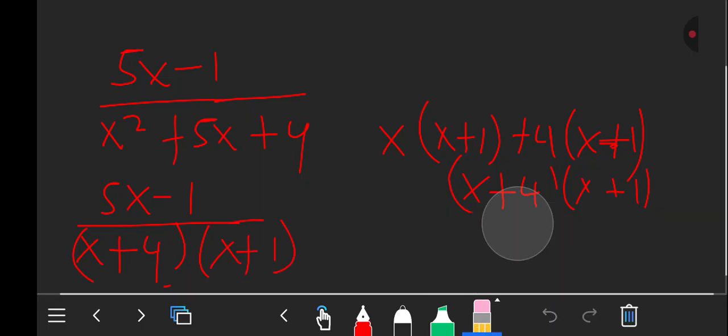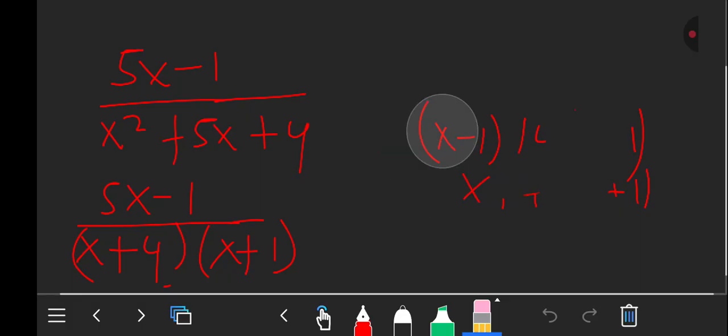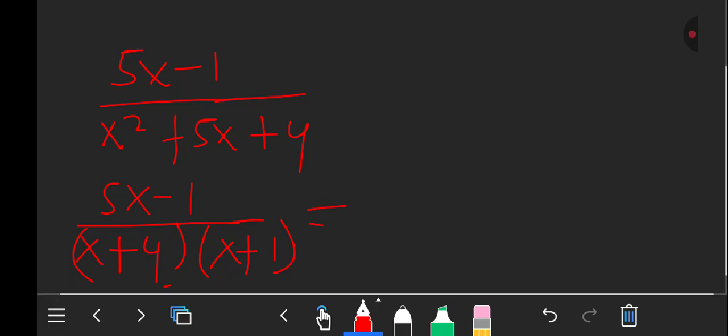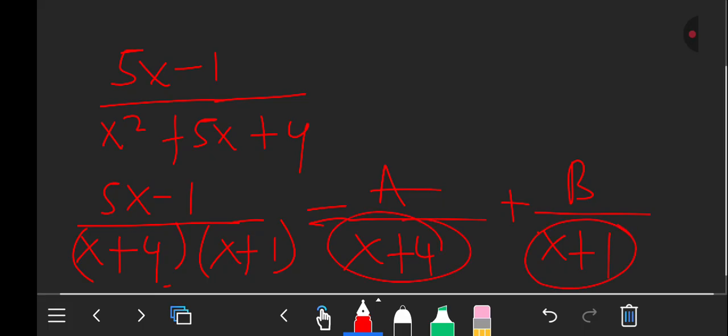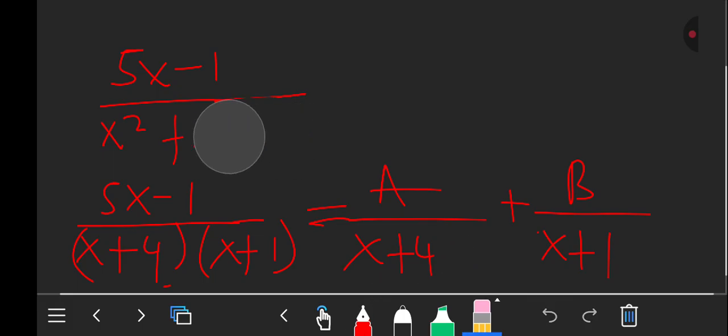So we're going to say, let this entire fraction be equal to, in parts, a certain value on the numerator, a over x plus 4, then we separate this plus b over x plus 1. So this will be in parts. You will separate just the denominators. What are we going to have?